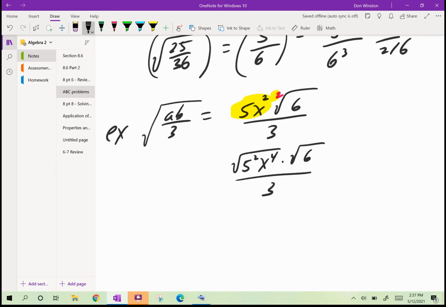But, okay, how did I get 3? Well, if I ignore just the A and B, what I had was the square root of A over the square root of 3. But then in the end, I got 3, which meant I had to rationalize the denominator, so I had to multiply by root 3.